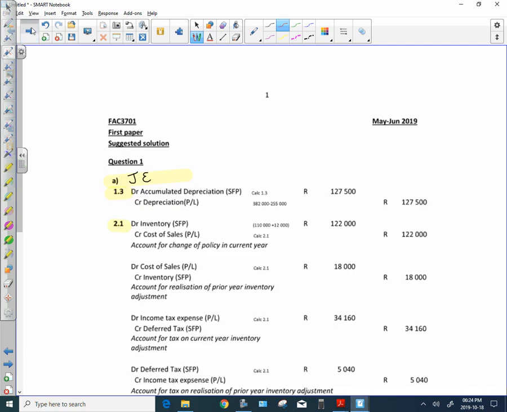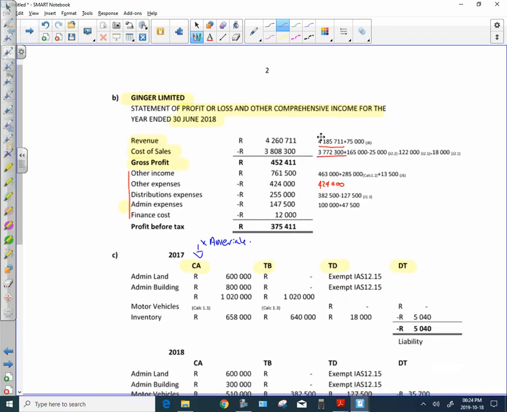So just going to where I did that calculation, you'll see, firstly, land had a carrying amount of 600,000. There won't be a deduction from SARS's side. What we will receive, however, is that 600,000 as a deduction when we one day sell this property. So if there's a growth in the value of the property, when it is sold, we will make a capital gain on that, and we will be taxed at capital gains tax rates.